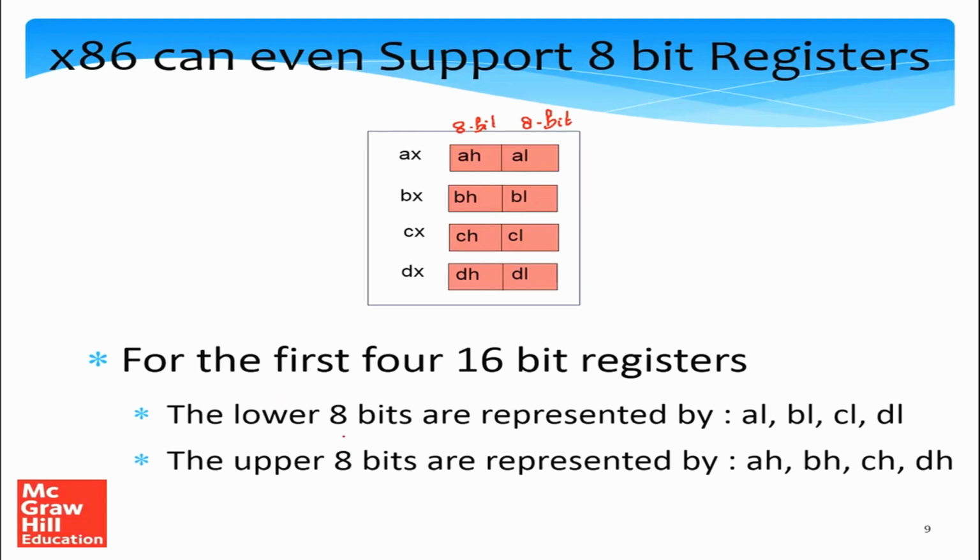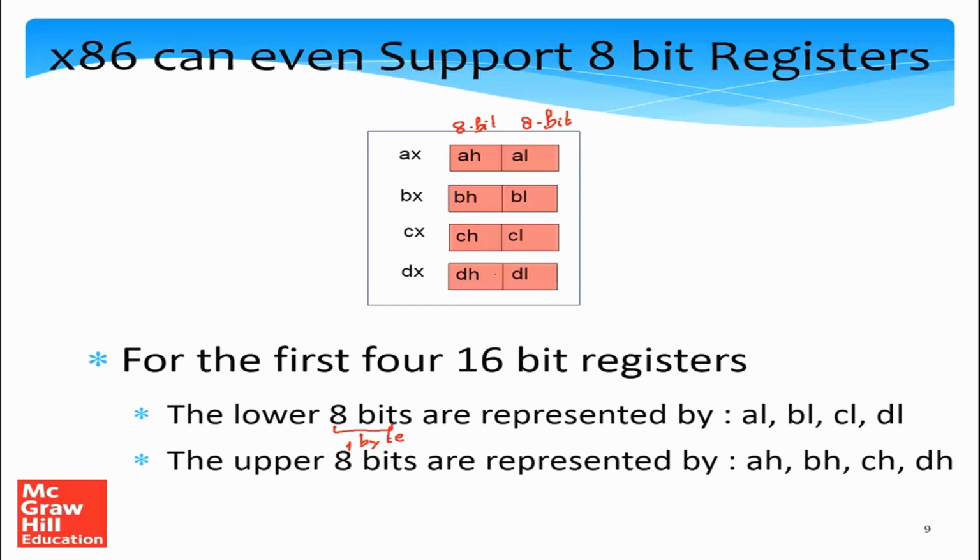So here the lower 8 bits, or the lower 1 byte, is represented by AL, BL, CL and DL, L for lower. Similarly, the upper 8 bits, or byte, is represented by AH, BH, CH and DH. So the idea is the same.